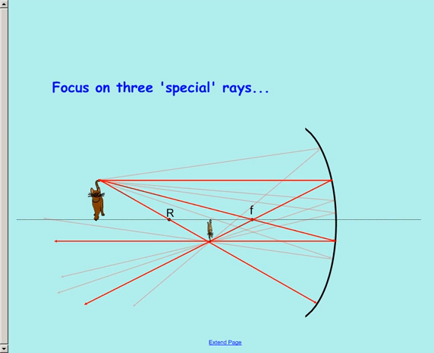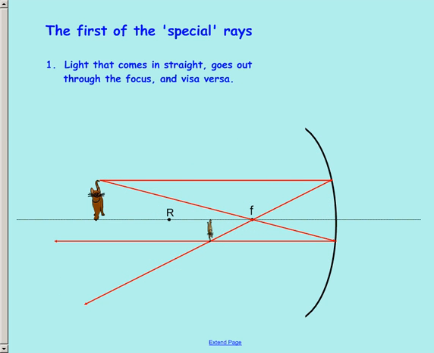I want you to draw this, and here's the rule for the first 2 special rays. Light that comes into the mirror straight goes out through the focus and vice versa. So light that goes from the tail through the focus goes out of the mirror straight. Okay, so notice what I've done here.